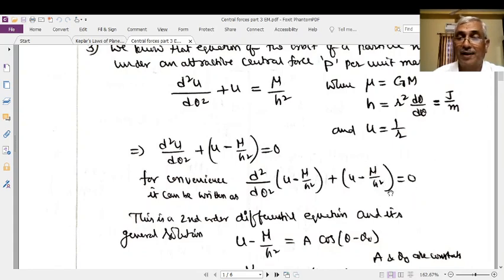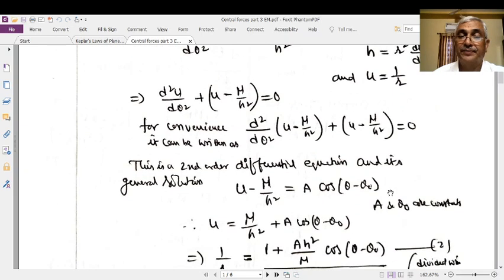This is a second order differential equation. A very common general solution is u minus mu by h square is equal to a cos theta minus theta naught. Theta is the angular displacement, and theta naught is a constant, the initial angular displacement, which will be 0 or some constant value that makes no variation.